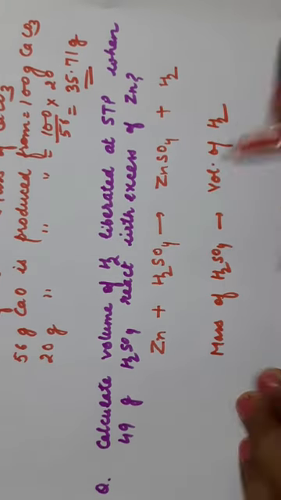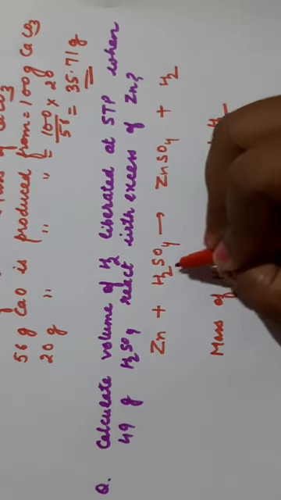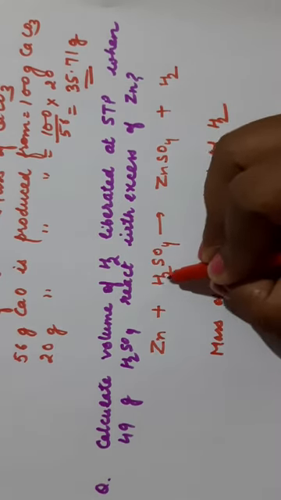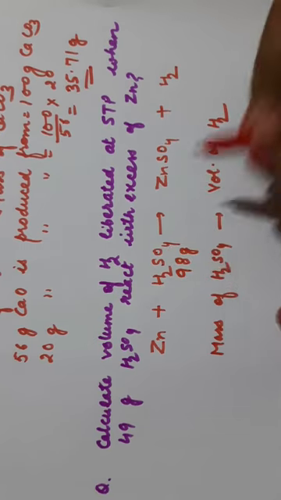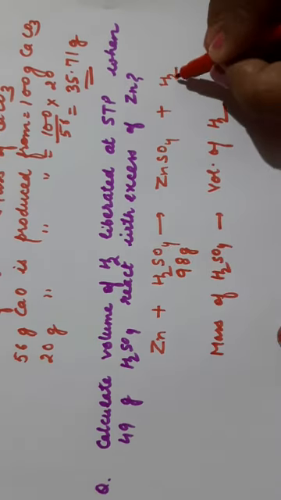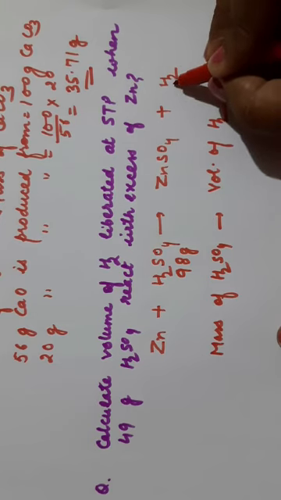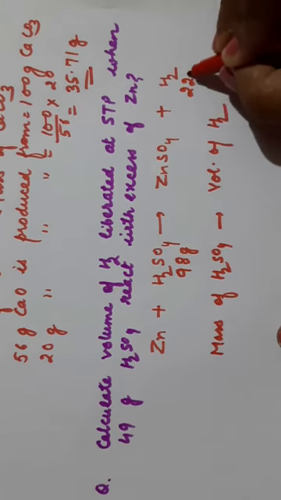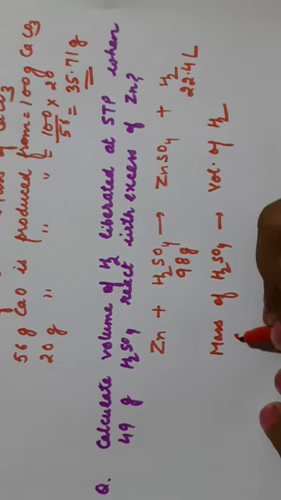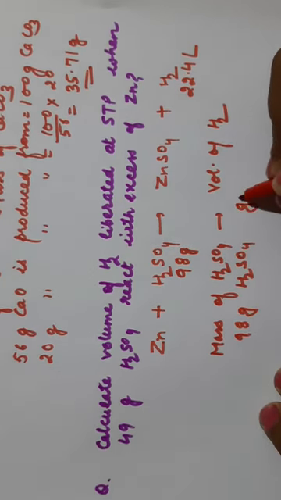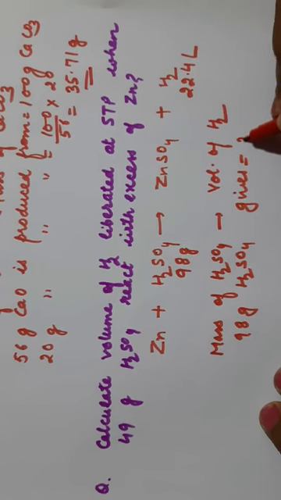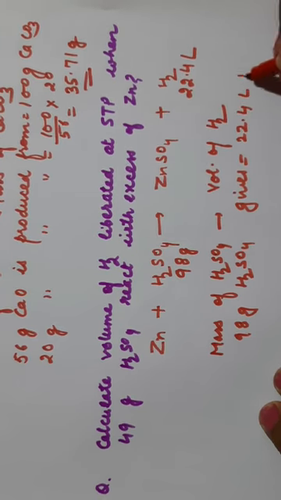Clear? Now according to balanced equation, mass of sulfuric acid is 2 plus 32 plus 16 into 4. It is 98 gram, and at STP we have to use volume here. So it is 22.4 liter. So 98 gram H2SO4 gives 22.4 liter hydrogen.